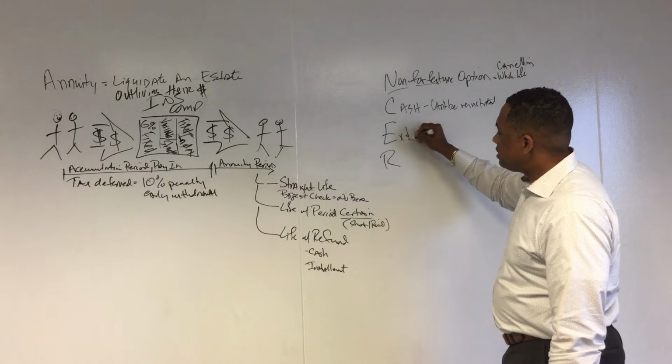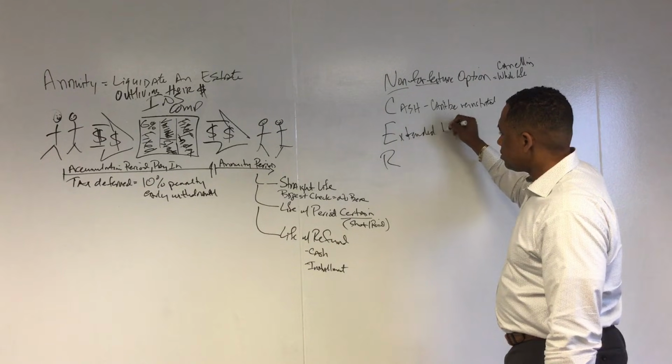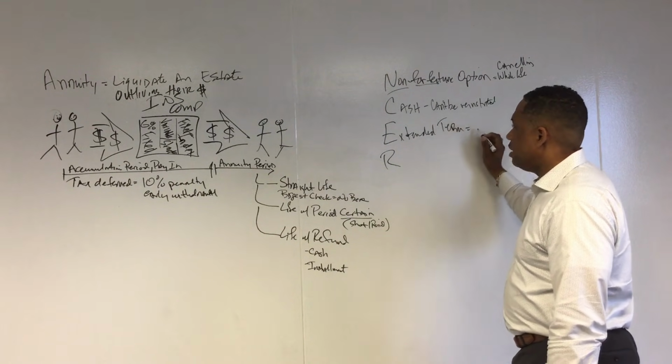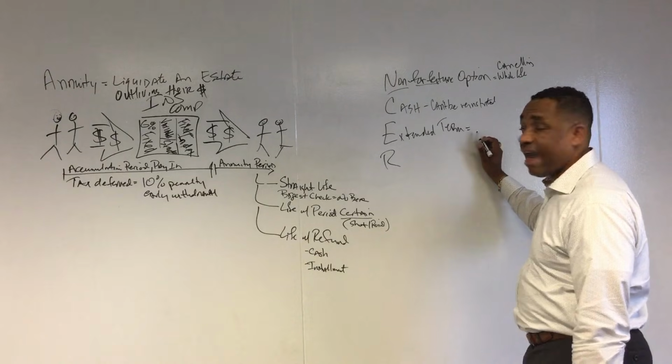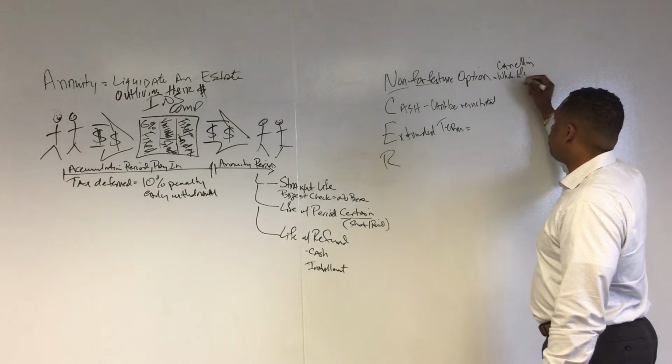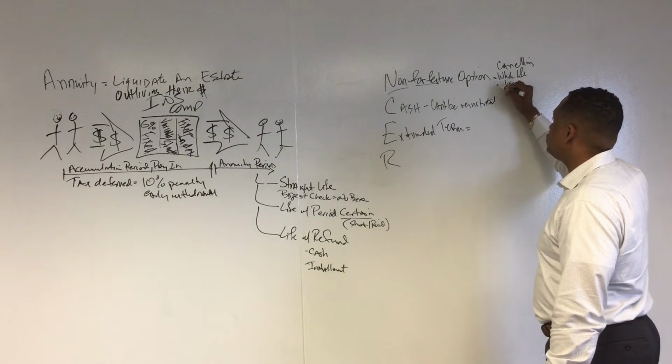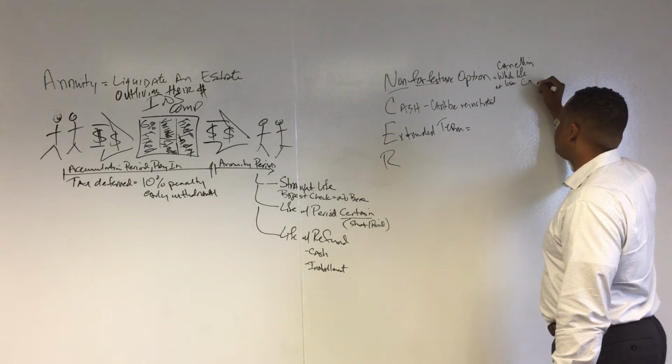You can have extended term. Extended term means they take the cash value, so you cancel the whole life policy, but you do not want to lose your cash value.